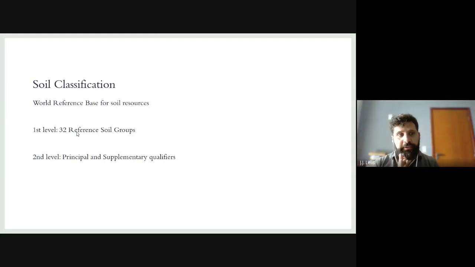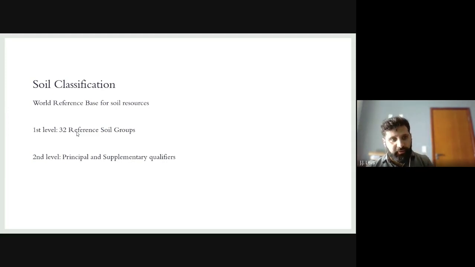So we always try to make a very good site description to identify the diagnostic horizons, and after that we can classify the soil and identify which reference soil group we can find in that site.